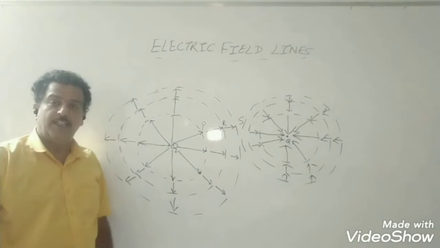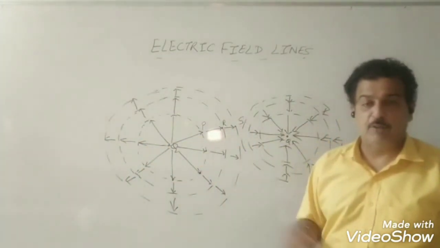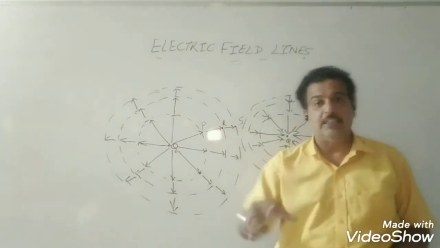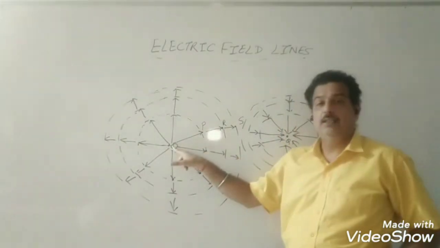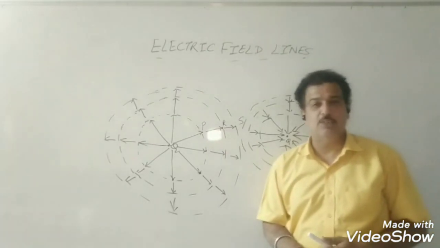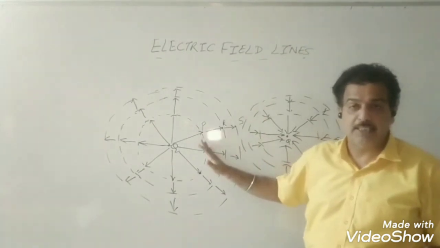So in the coming days we will be taking the help of these diagrams, and from this diagram we will know whether the source is positive or negative. If from a particular point the field lines are emerging, then your source is positive because the test charge is moving away. What does the arrow tell? The direction of the test charge.